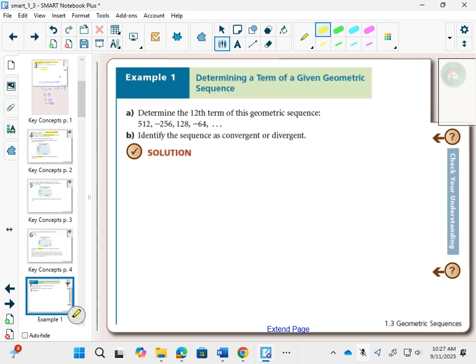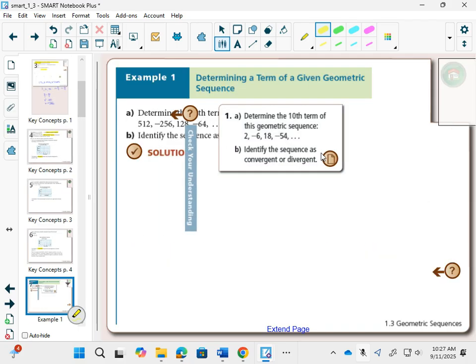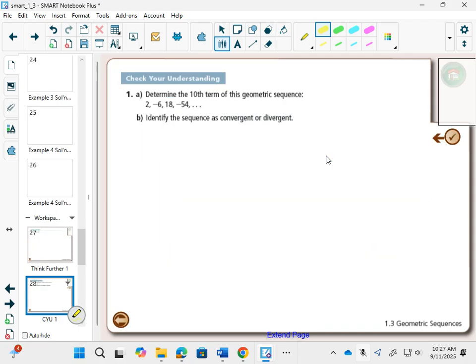Okay, let's go to example 1. So we have a sequence, and we can do this brute force method, like we did before, if you want to. Do you notice what you're multiplying by?